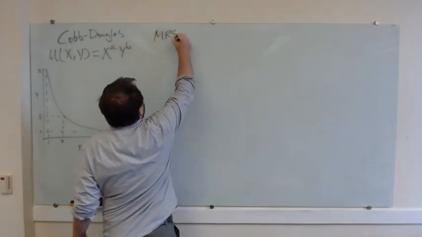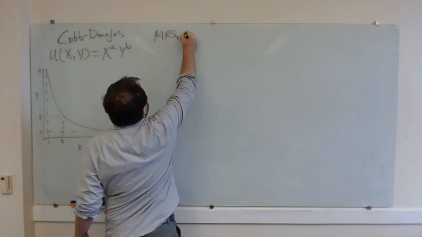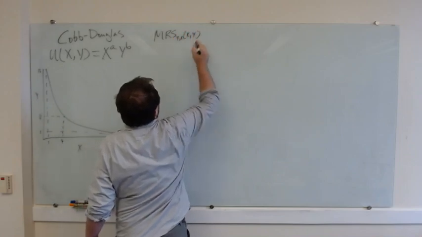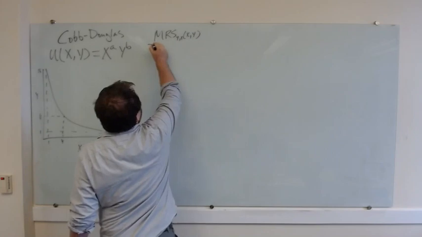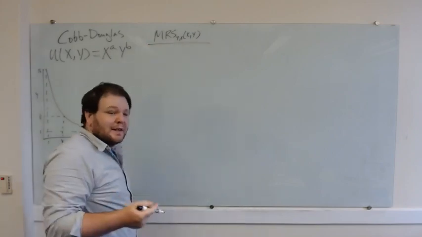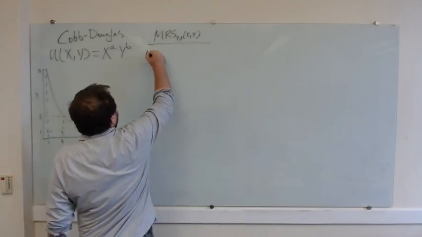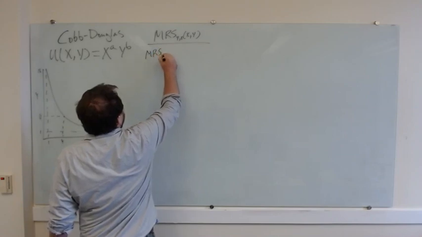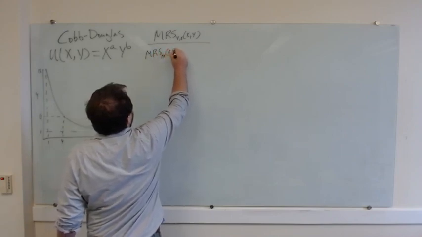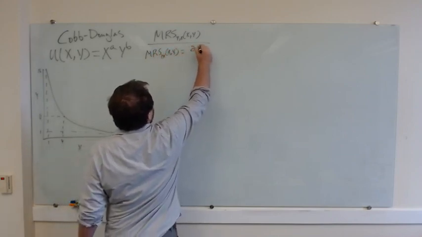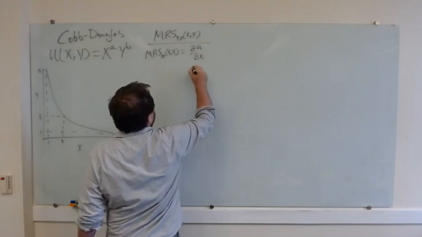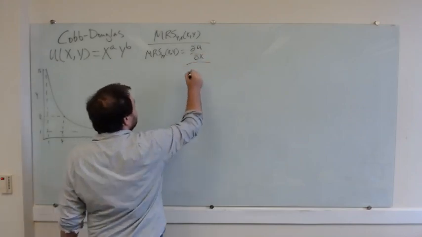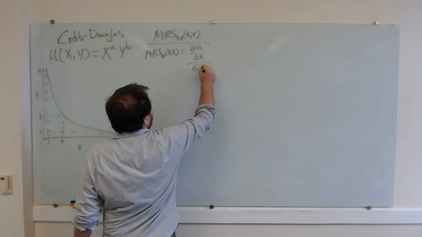MRS of y for x, evaluated at some particular x, y. Okay, so what's our MRS going to be? We're going to have our MRS equal to the partial derivative of the utility with respect to x, the marginal utility of x, over the marginal utility of y.